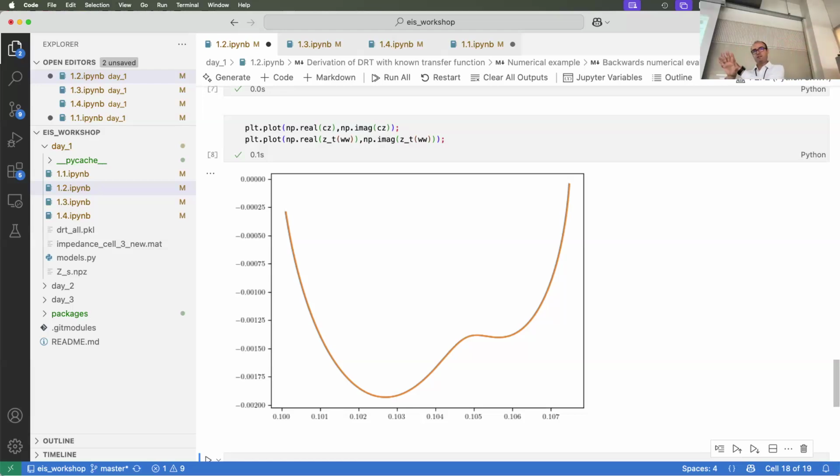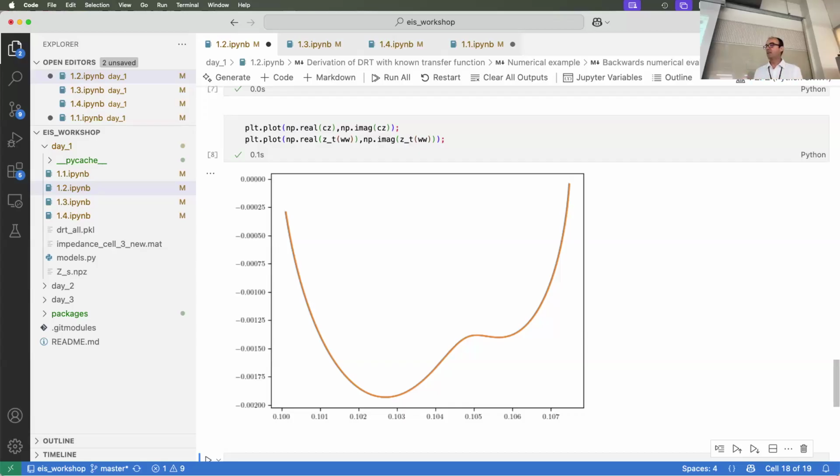So the number of peaks in the DRT must be the same as the number of time constants in your equivalent circuit model. That must be spot on. Otherwise, you did a wrong selection somewhere. I'm not saying where, but they must be spot on.